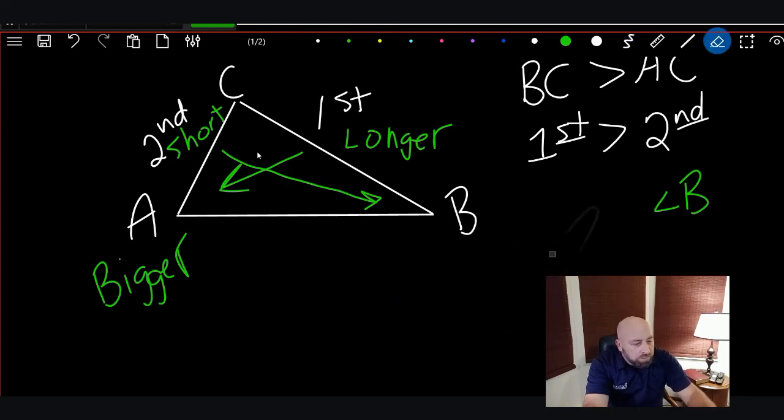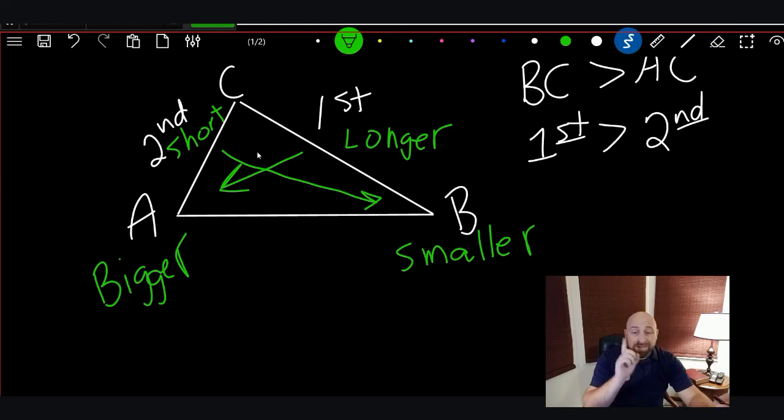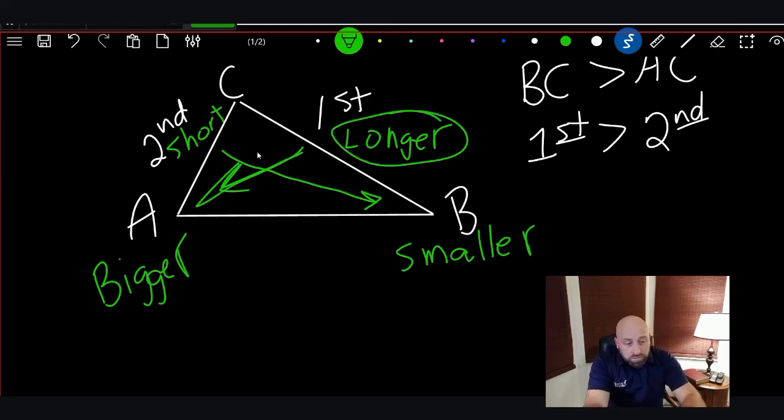So then over here, this would be smaller. Okay, that's what you need to know. The longer side has an opposite bigger angle. The shorter side has an opposite smaller angle. Okay, so that's the important part. That's the takeaway from Theorem 13.